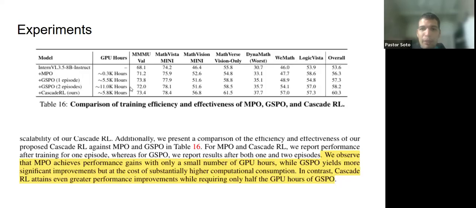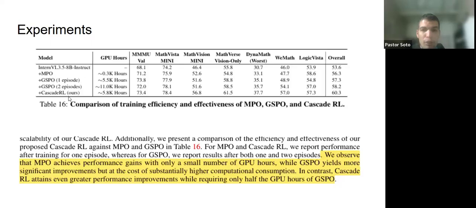But with GSPO, you still have performance gains, but at the cost of thousands of hours of GPU usage. And that is if you only run it one time. If you run two episodes of GSPO, you get up to 11,000 GPU hours, and with just 1% of performance gains.